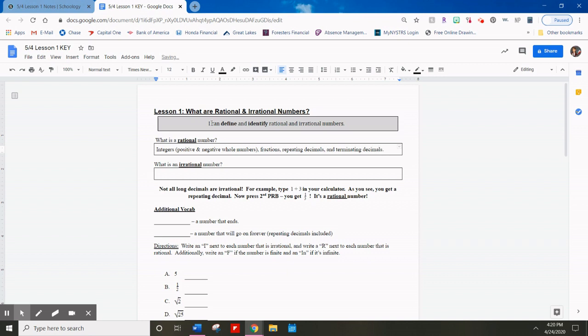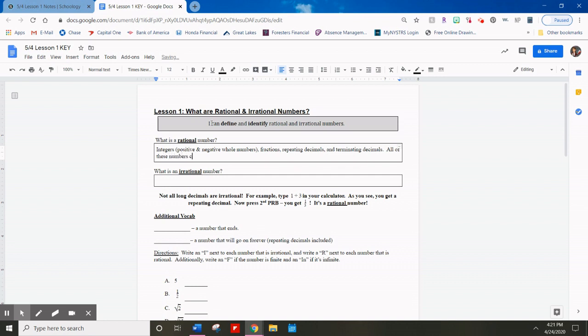Repeating decimals meaning they have that repetition, like 0.555555, and it goes on forever. And terminating decimals, terminating means ending, so decimals that end. All of these numbers can be turned into a fraction.